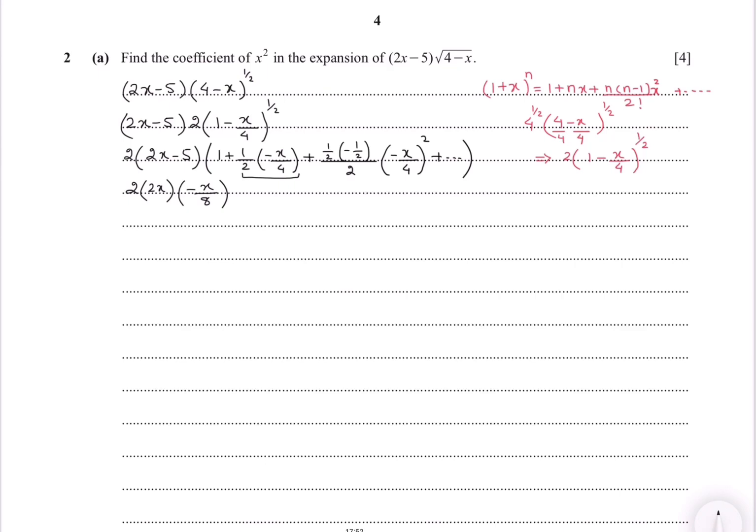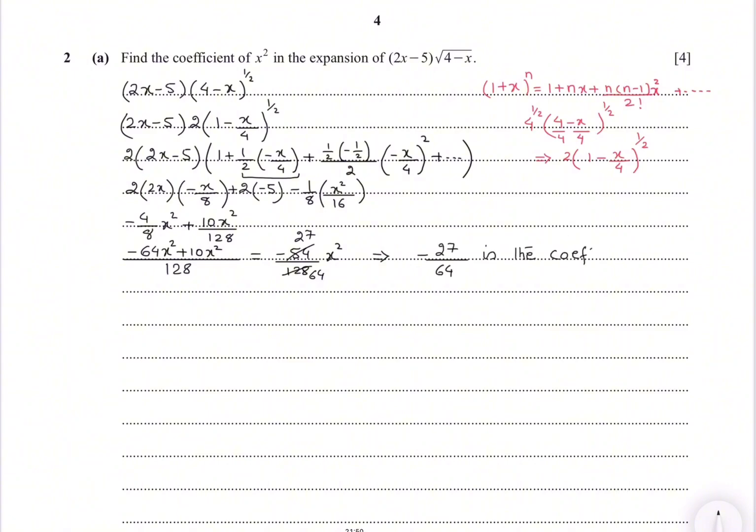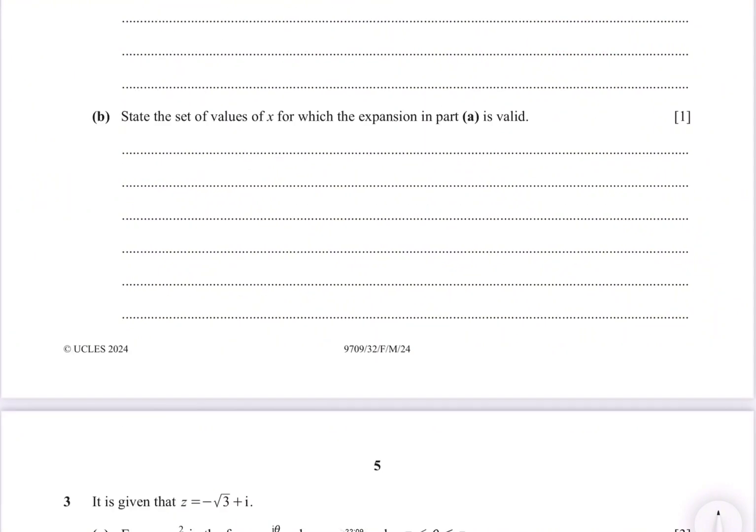And now 2 with minus 5 and also with the second expression in the bracket to get x square. Now simplify it. So this is the coefficient of x square.